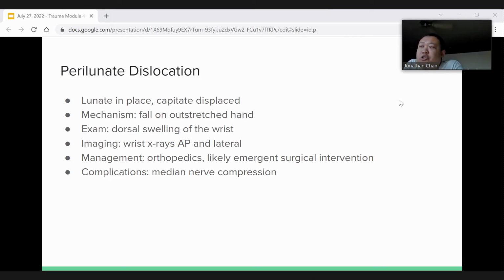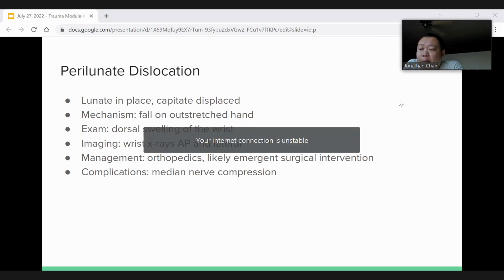On your exam, you'll feel dorsal swelling and maybe a bit of a mass on the wrist. You do want to get x-rays, and this requires surgical intervention. One of the main complications is median nerve compression, which will lead to loss of sensation in the medial part of the hand.